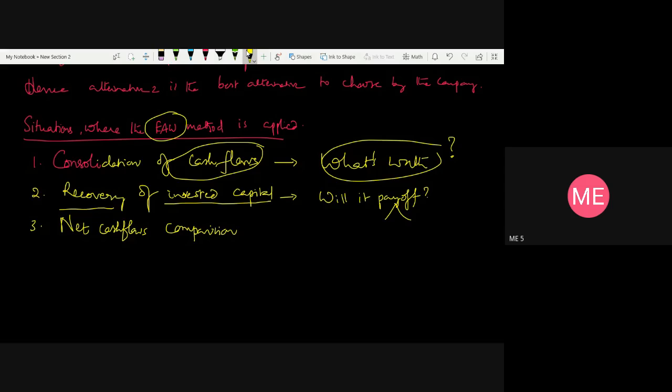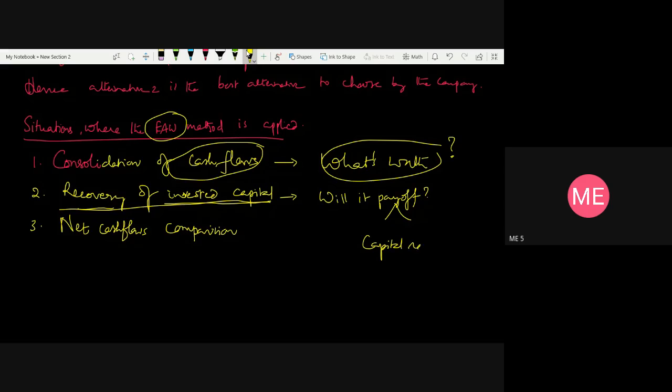Since the returns are spread over the life of the investment, it is convenient to convert. So the invested capital is spread over the total life of the investment, and it is easy to convert it to the capital recovery cost.